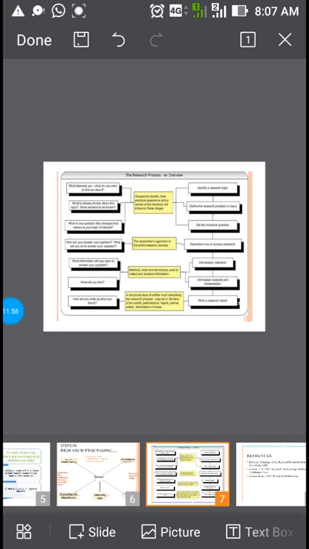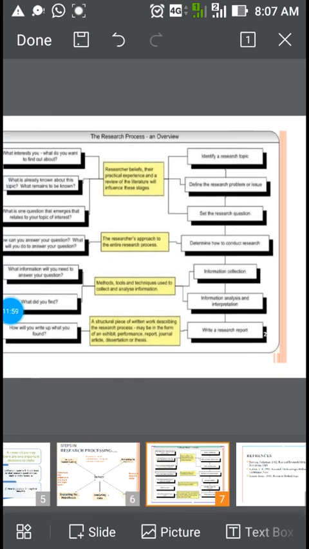And if you see here, this is the flow chart. Identifying a research topic. If you see on the right side of this research process overview, you can see the flow chart is here. The flow chart is given.